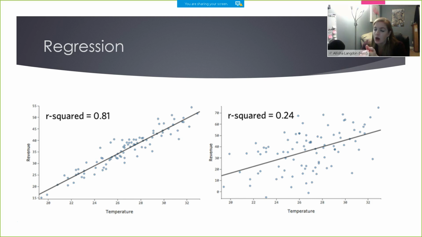But look at the graph to the right. To the right, you'll see R squared is 0.24. Notice that number is closer to 0. When you're thinking of the number line here, here's 1, here's 0, here's -1. It's closer to 0, meaning that the data is more spread out. Everything's kind of pushed apart, and it's not really fitting that line.